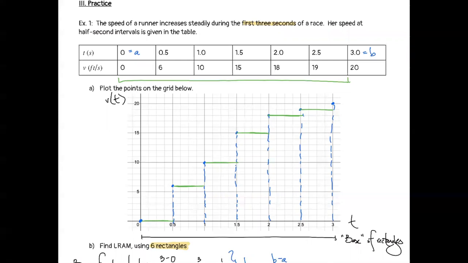Why don't we use that last value? It's one thing for me to tell you not to use that last one, but why? Let's look at this graph. If I used this y value as the left-hand side of a rectangle, I would be finding how far she ran in the first 3.5 seconds.